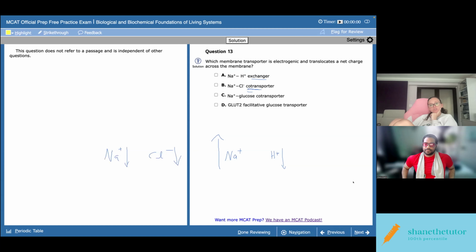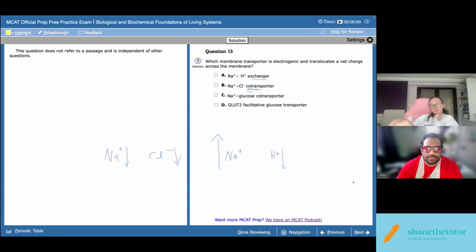It has a charge. Yeah, it produces some type of electric field, pretty much that. And then translocates a net charge across the membrane. So go from there and tell me your thoughts.